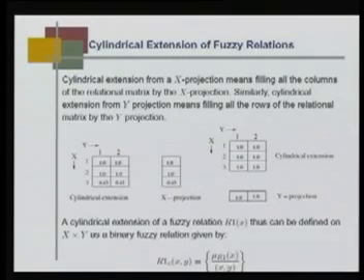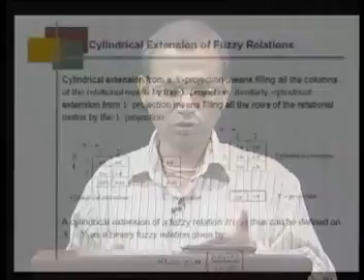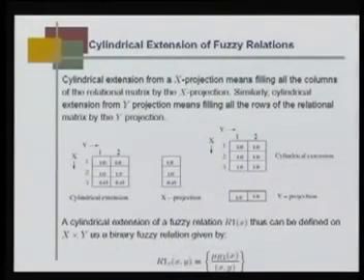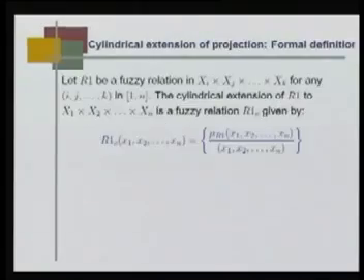So, that is how we get the relational matrix from the projection. Obviously, this is not a very good kind of extension, but it is known as cylindrical extension. There may be other methods to extend from projection to the actual relational matrix, but that is a different question altogether.